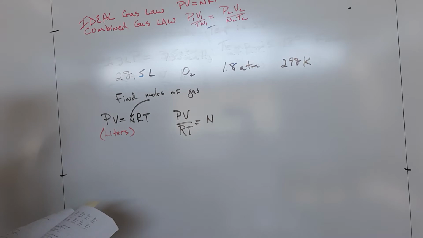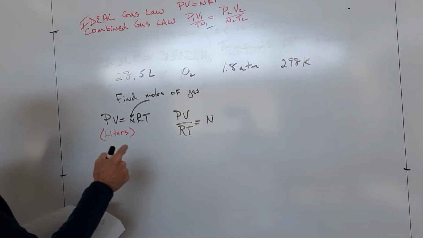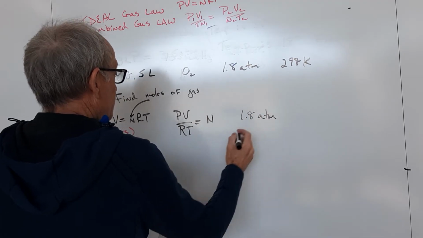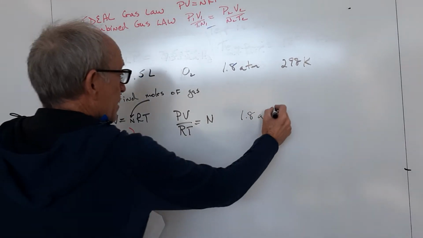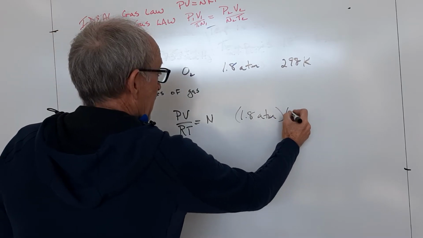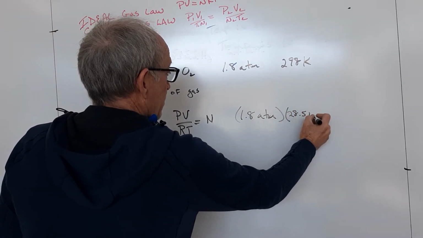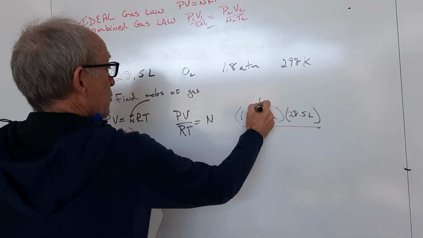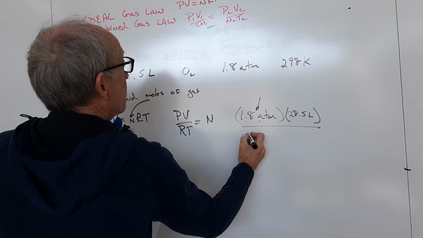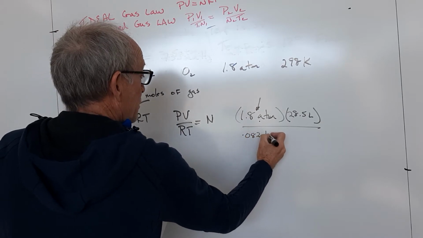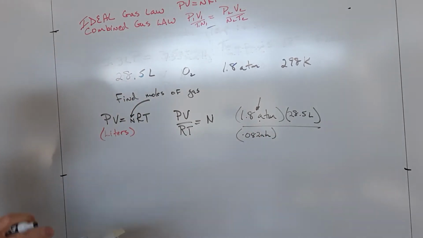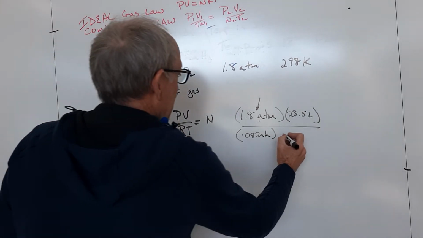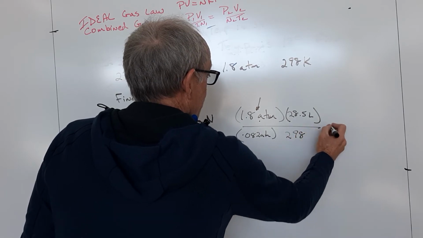So, let's see what I got here. Pressure is 1.8 atm. My volume is 28.5 liters, divided by R. I'm going to use 0.082 atmospheres for my R, and remember, I will give you your R, times temperature, which is 298.